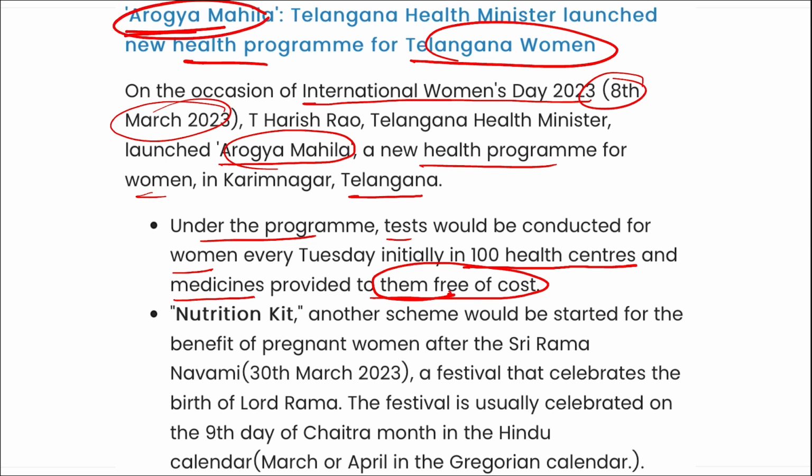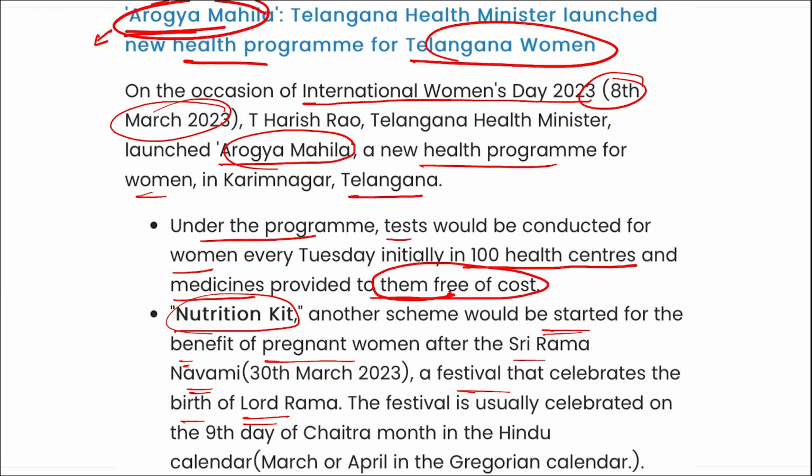So this Arogya Mahila is basically to provide them health checkups and provide them medicines free of cost. In Telangana state, this Arogya Mahila was launched. Also, a nutrition kit, another scheme, will also be started for the benefit of the pregnant women after the Sri Rama Navami, a festival that celebrates the birth of Lord Rama.